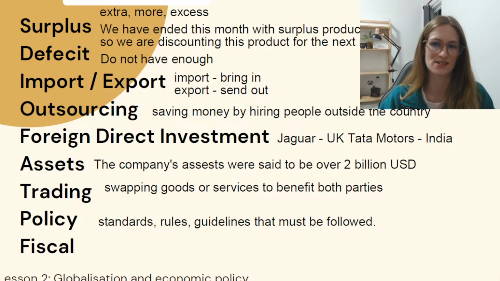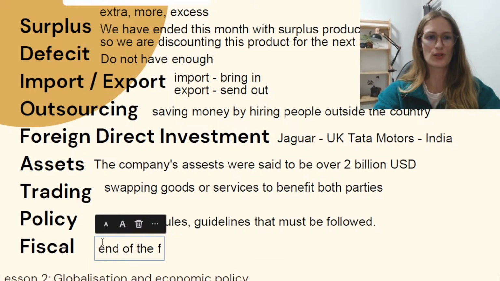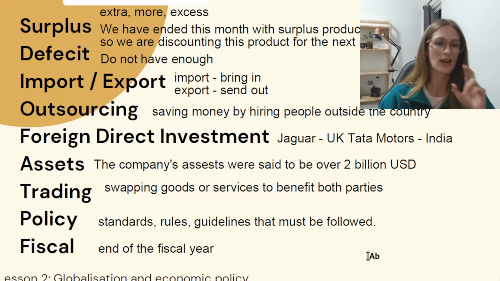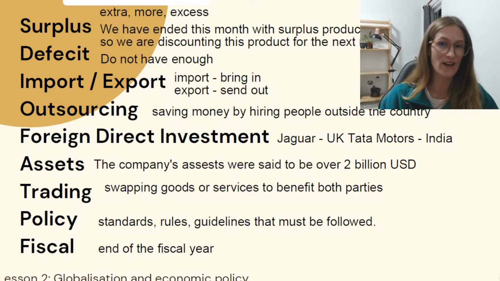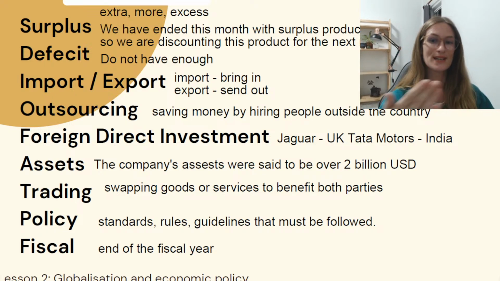And finally, fiscal. What does fiscal mean? You often see this expression, end of the fiscal year. What does this mean? And this is a fantastic example of how sometimes business English can be unfair to non-native English speakers because we could say it in an easier way.